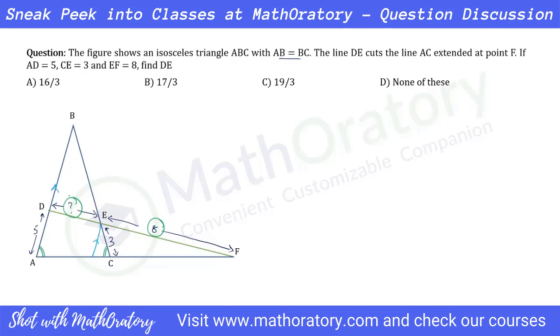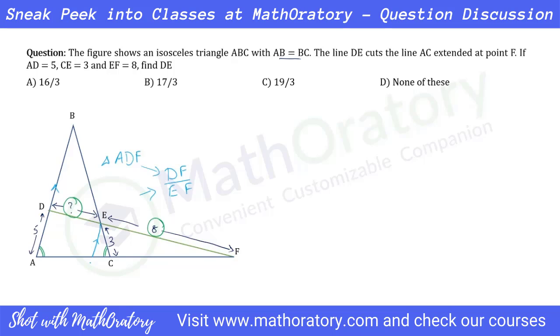Now, because of this parallel idea, a couple of things come into play. One is using the similarity, the DF and EF become corresponding sides on this ADF triangle and the other triangle.